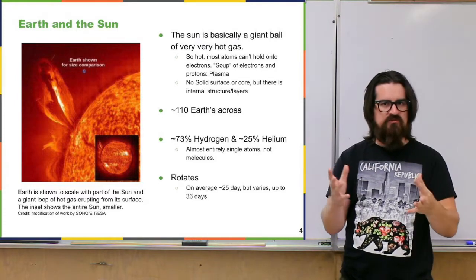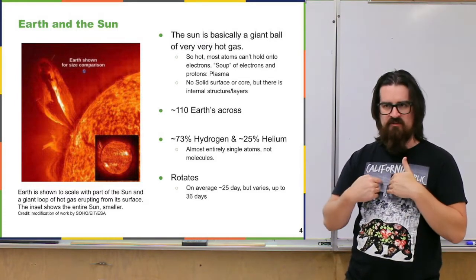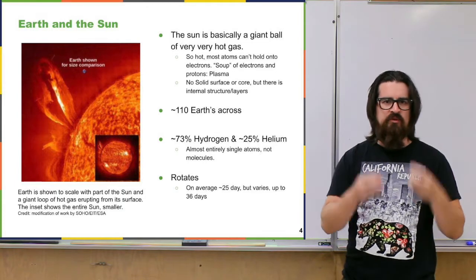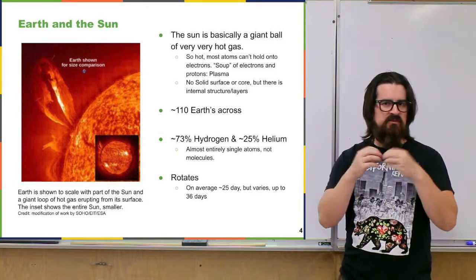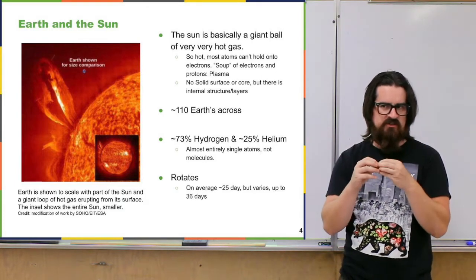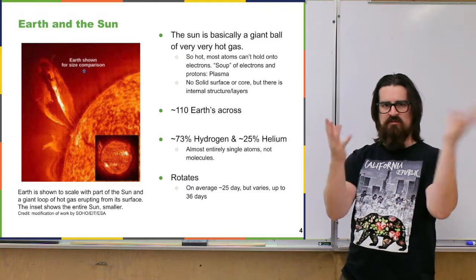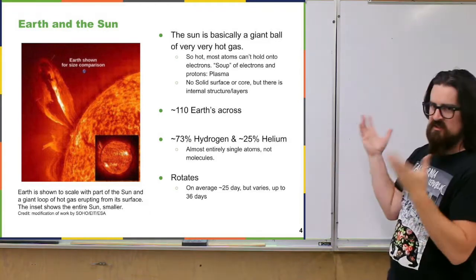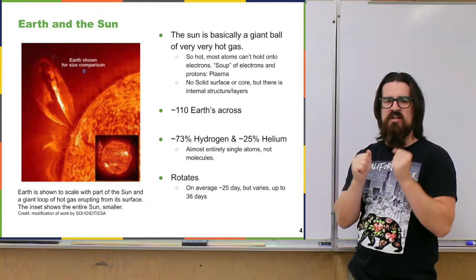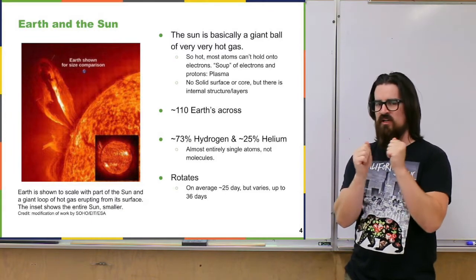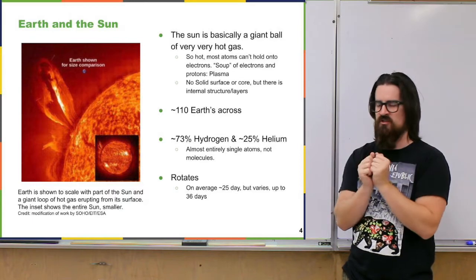If you look around you, the Earth and what we're made up of is almost entirely built up of atoms combined together into what we call molecules. So multiple atoms together makes up a molecule, and those things build up to larger things. But in the sun, it's so hot that pretty much everything is just single atoms. There's no chemical bonds, there's no molecular structures.